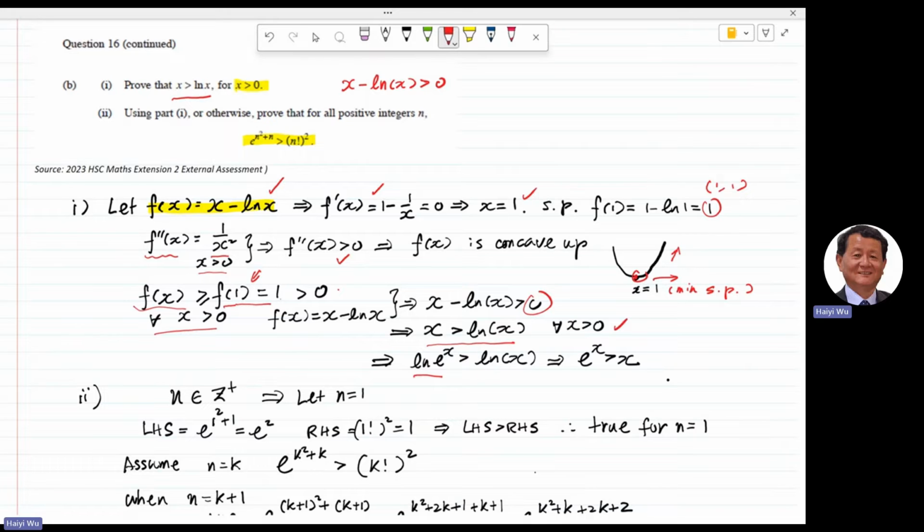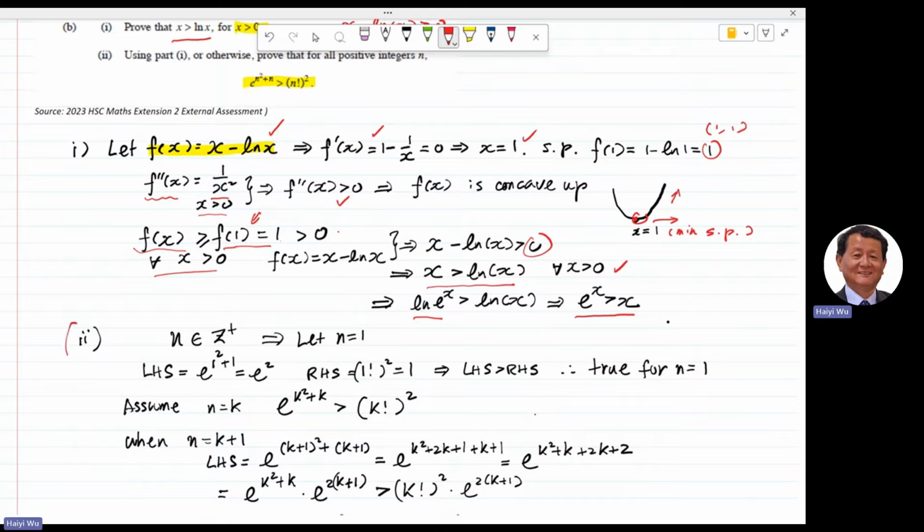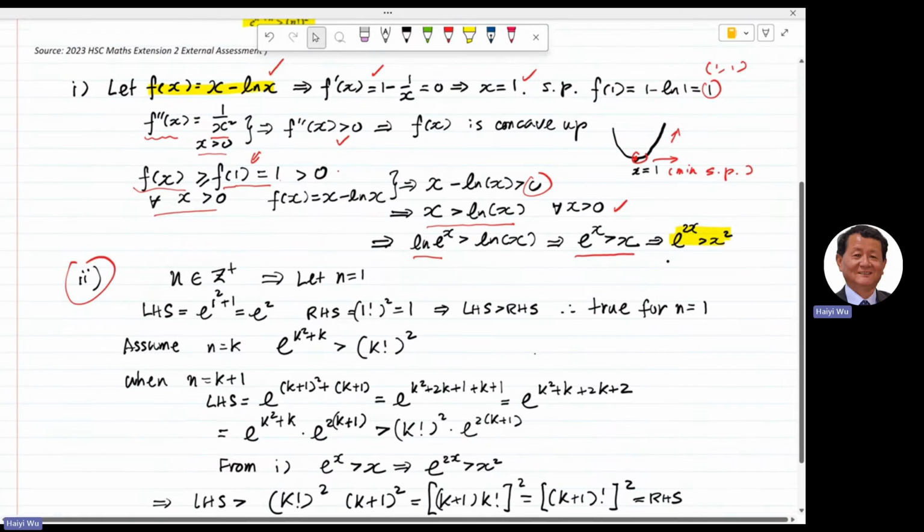So we can conclude that e to the power of x is always greater than x. We're going to use that conclusion for the second question, part 2. We can also square both sides, so e to the power of 2x is greater than x squared. That's another inequality we're going to use for the next step.